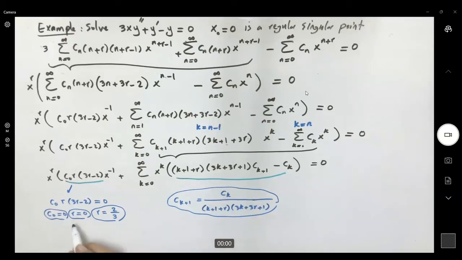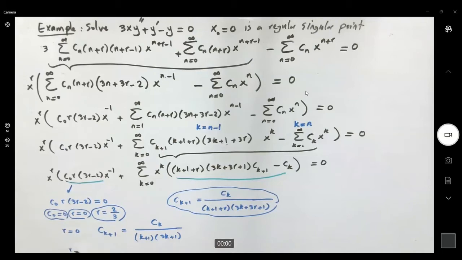So if r is equal to 0, c sub k plus 1 becomes c sub k divided by k plus 1 times 3k plus 1. Okay, this is for this.